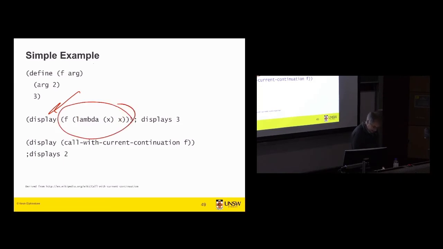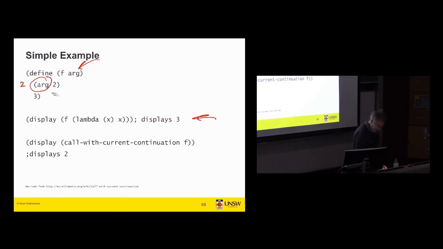What happens is the Lambda function gets passed in here. We run the Lambda function on 2 and it produces 2. So somewhere in this representation there's a 2. But then we get to the next part of the function, and we end up returning 3. So display f of lambda identity ends up displaying 3. That's kind of what you would expect.